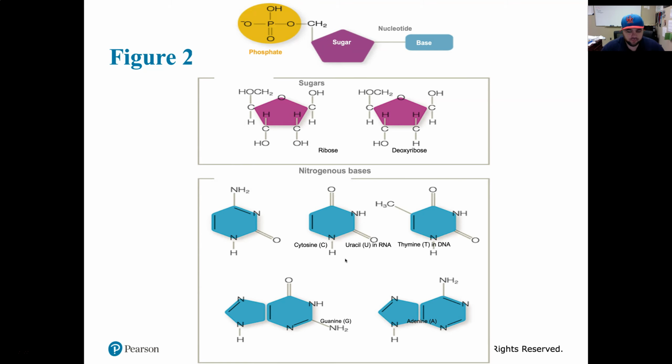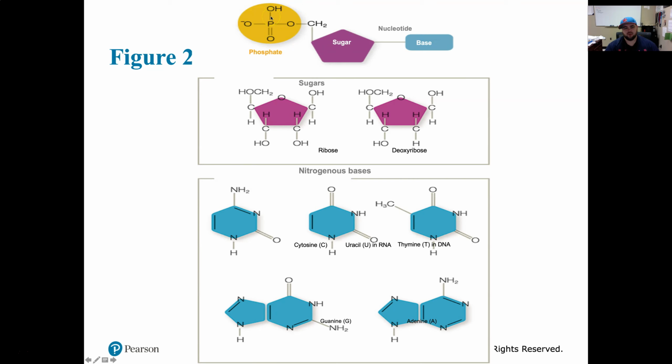All right. So when we look at this, the piece up here at the top is the general structure of a nucleotide: a phosphate, sugar, and then some nitrogenous base. This is going to stay the same for every single nucleotide, with the exception of the nitrogenous base.